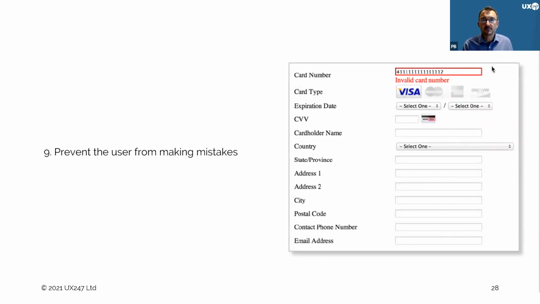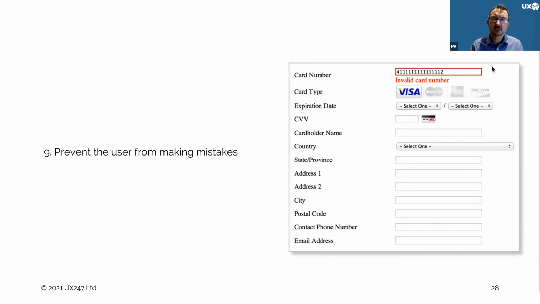Try and think about the mistakes that a user might make and prevent them in the design. This is a very easy example. We've all input credit card numbers into websites, I'm sure. And it's very easy to have a system that breaks that number down into 4 blocks, which is how it is on the credit card. That also helps a user input it more accurately and stops them making errors.